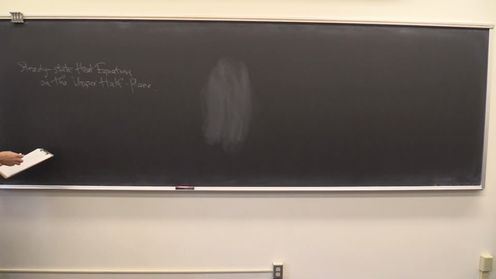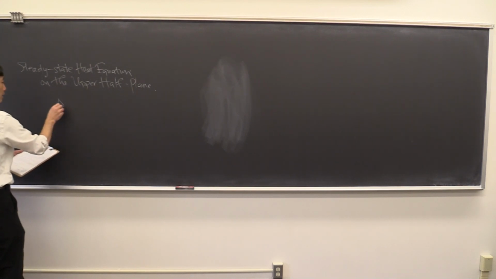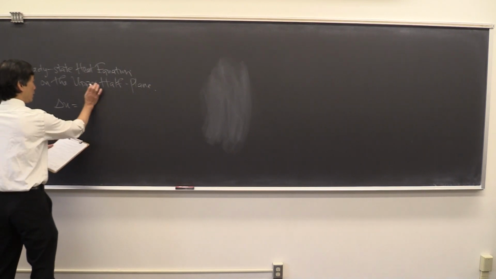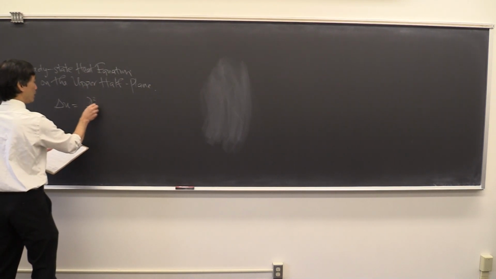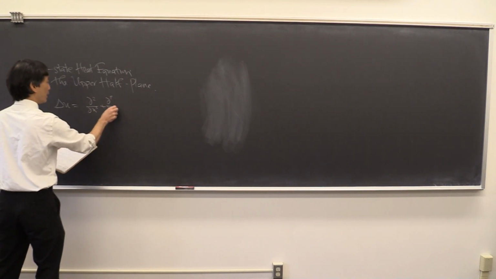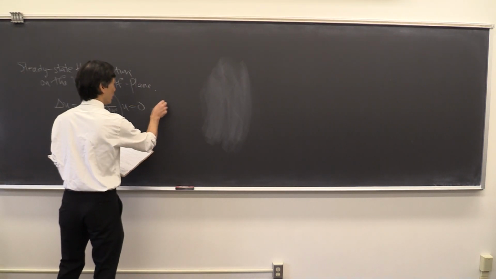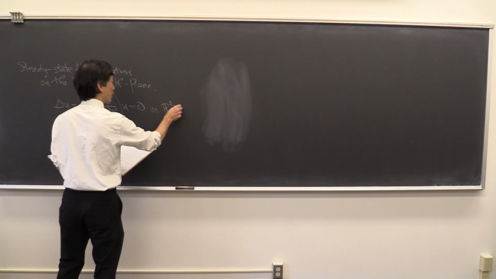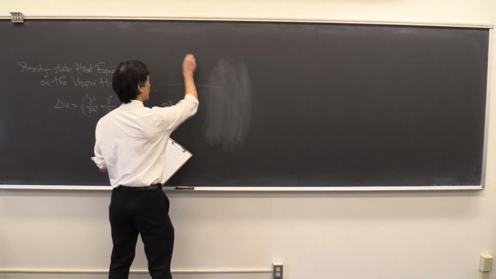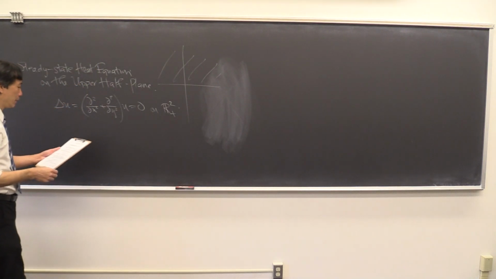Okay, so the problem is going to be this one, that we want the Poisson to be 0. Remember the Laplacian is the second partial with respect to x plus the second partial with respect to y of u, and it is going to be 0 on the open upper half plane, so up here where y is bigger than 0.